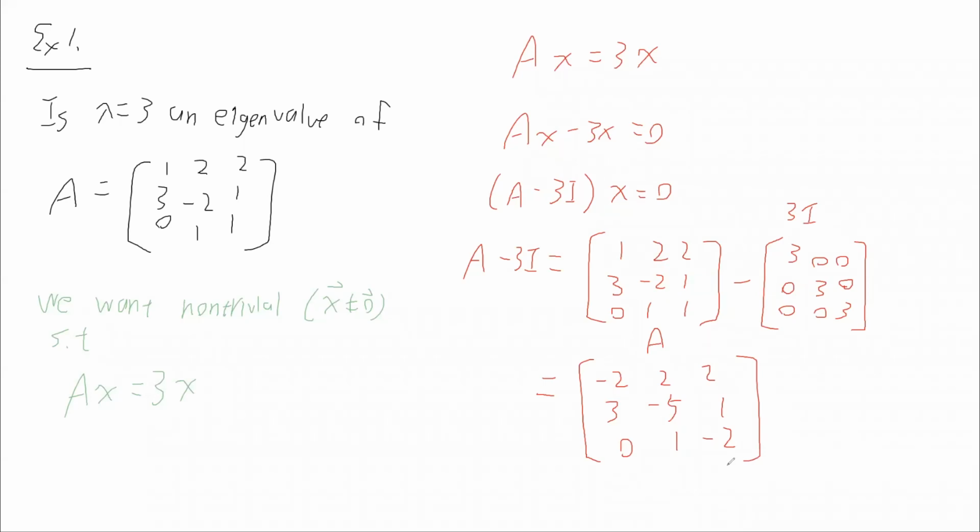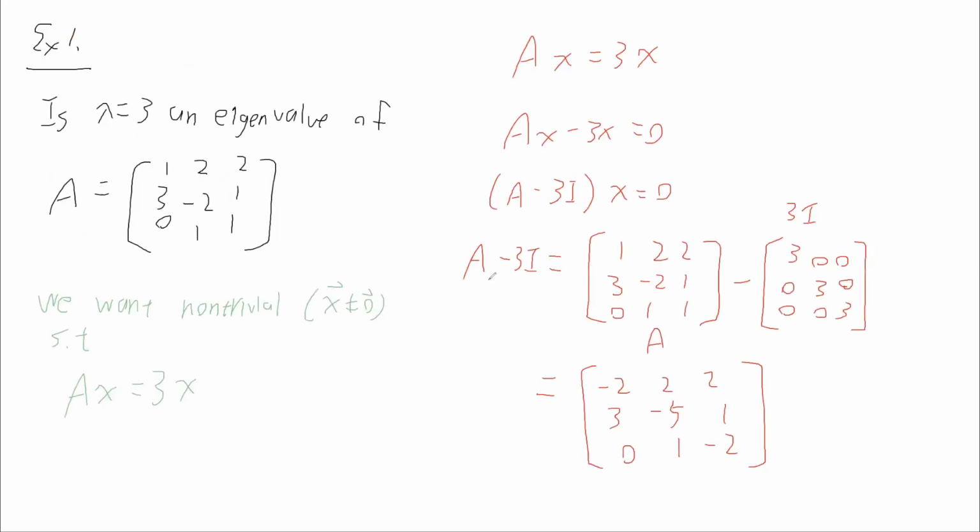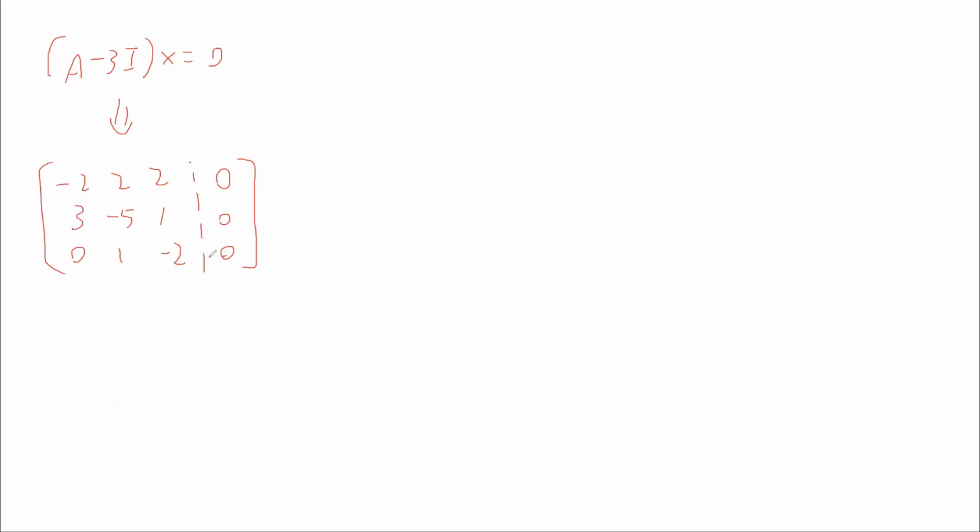So our goal is to take this matrix and try to solve this matrix equation. A minus 3I is of this form, and then we put them in augmented matrix form and try to solve for x.